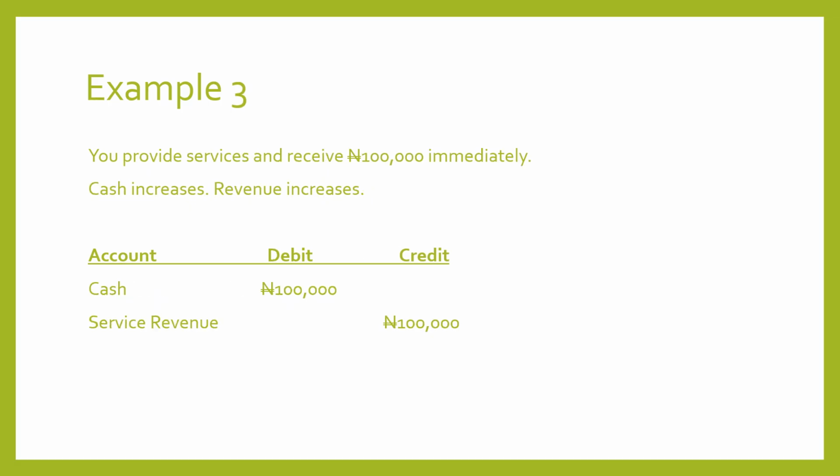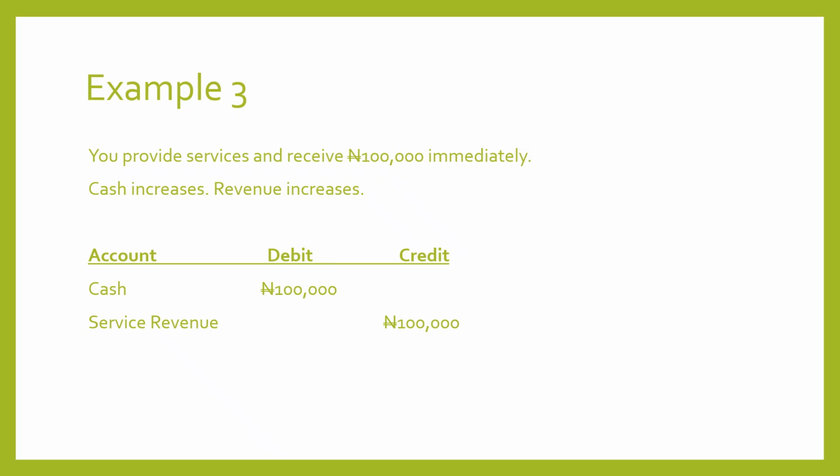Another example, you provide services and receive 100,000 naira immediately. Now, you're receiving cash for what? A service you rendered. That service you rendered, you're receiving income. Okay, so that's the two accounts involved. Now, cash will be what?